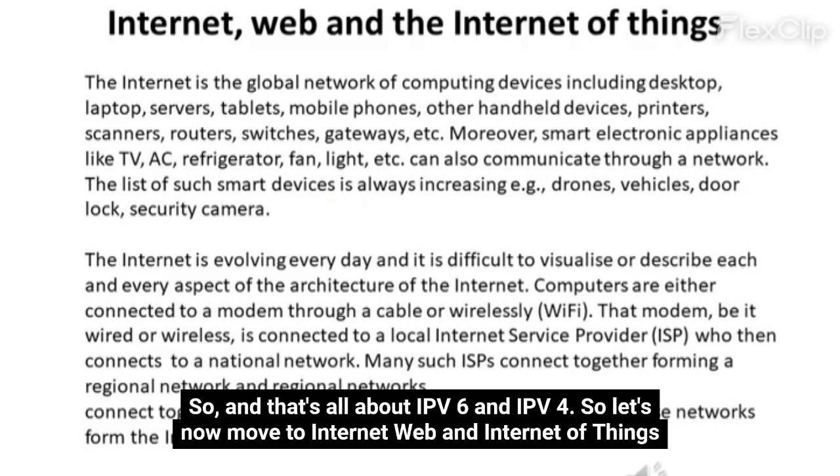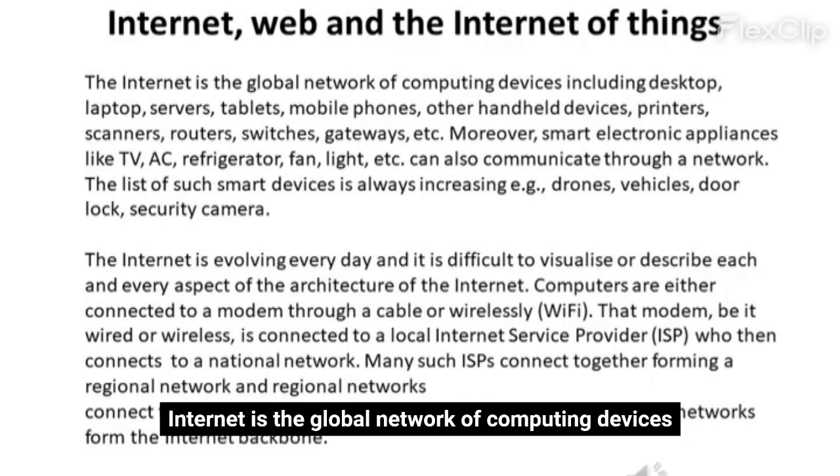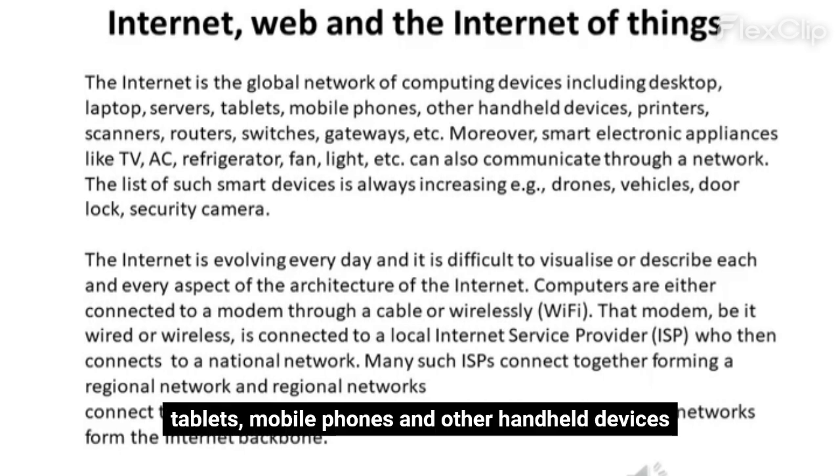So let's now move to the Internet, the Web, and the Internet of Things. The Internet is the global network of computing devices, including desktops, laptops, servers, tablets, mobile phones, and other handheld devices.